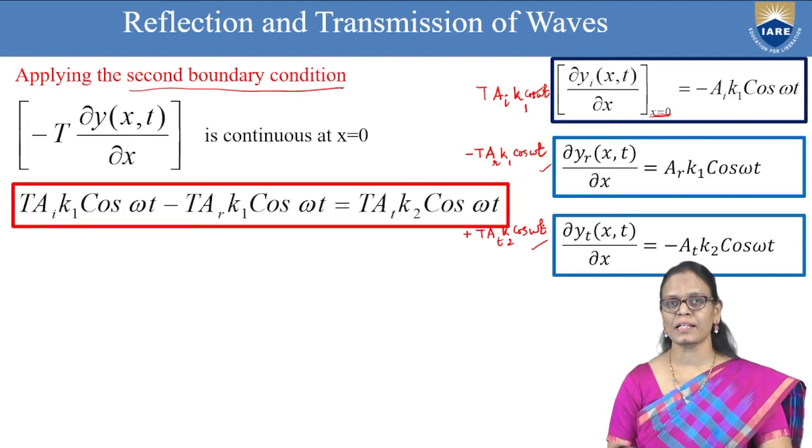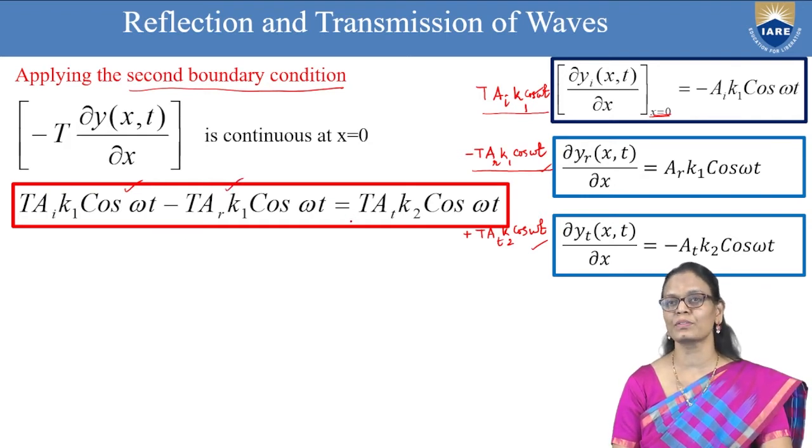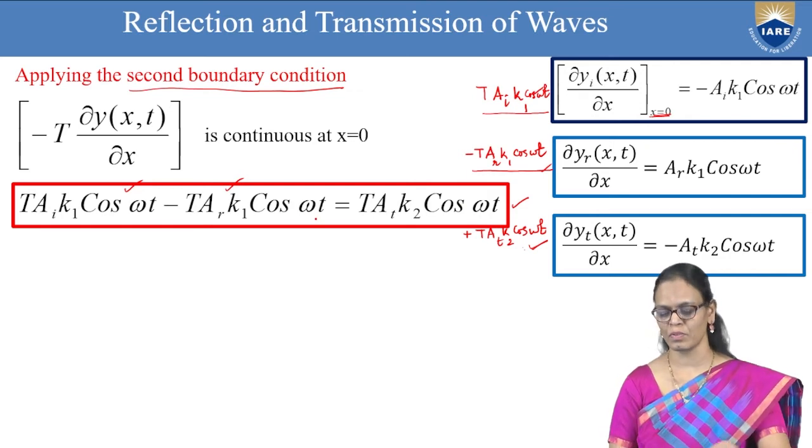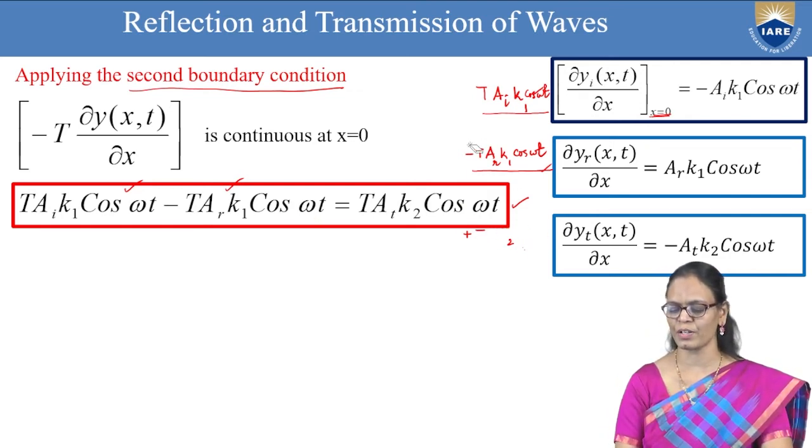And because it is continuous, what we have is T Ai k1 cos ωt minus T Ar k1 cos ωt will be equal to T At k2 cos ωt. So this is the equation we are getting now. After applying the second boundary condition, this is the equation we have got.